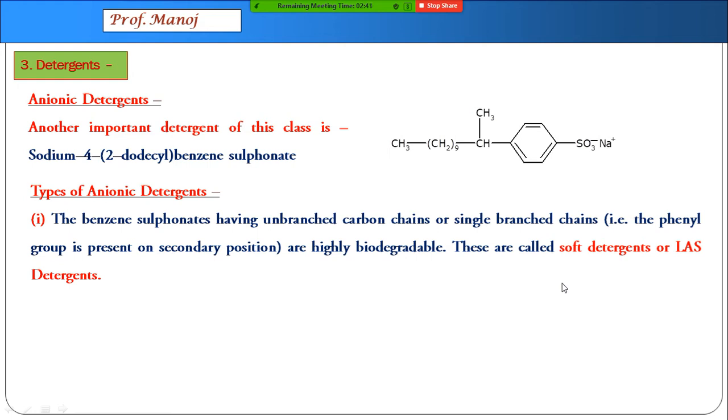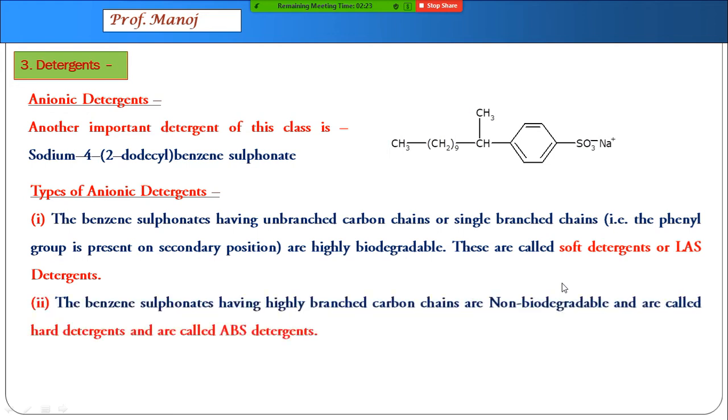The benzene sulfonates having an unbranched or single chain are highly biodegradable and they are called soft detergents or LAS detergents. LAS stands for long chain anionic sulfonate detergents. The ones which are ABS, that means aromatic benzene sulfonate, are hard detergents and they are non-biodegradable.